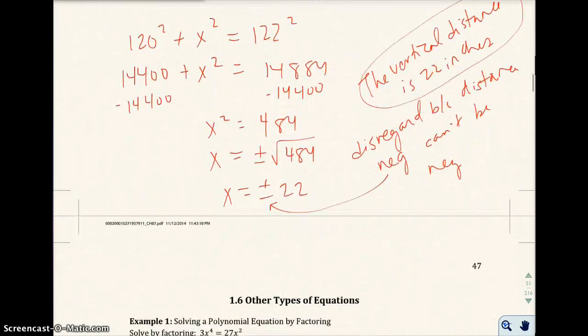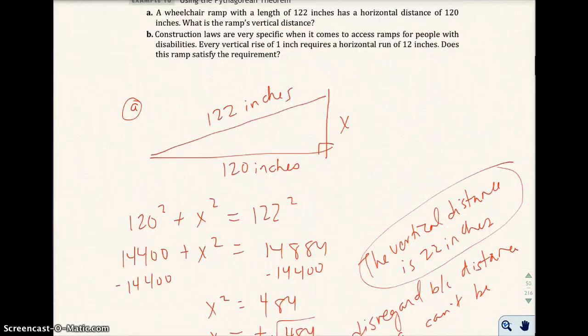Okay, then part B, they're asking you to look at a requirement. Construction laws are very specific when it comes to access ramps for people with disabilities. Every vertical rise of 1 inch requires a horizontal run of 12 inches. Does this ramp satisfy the requirement?